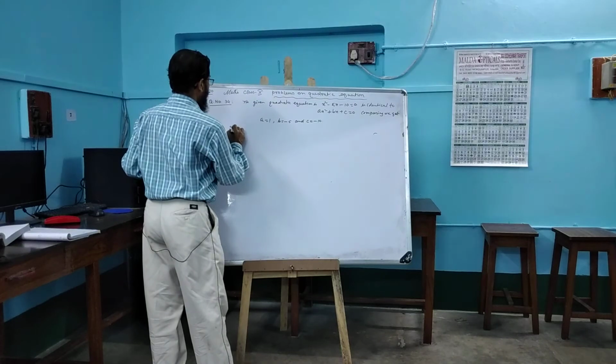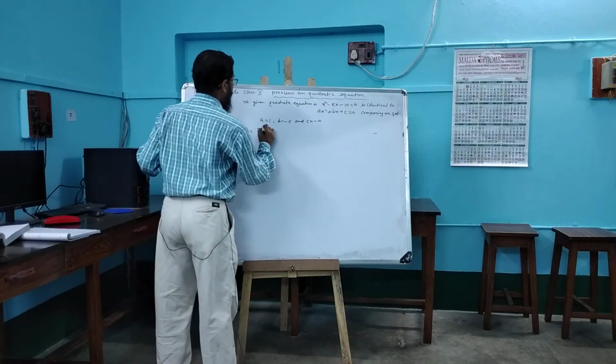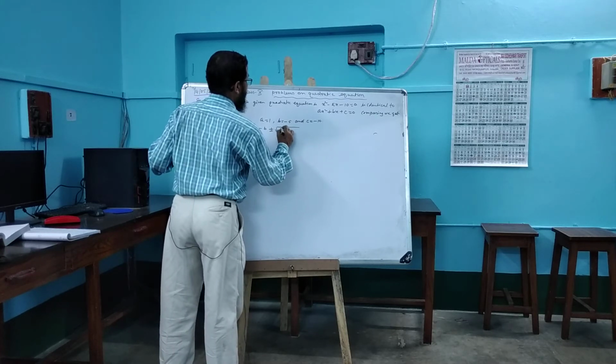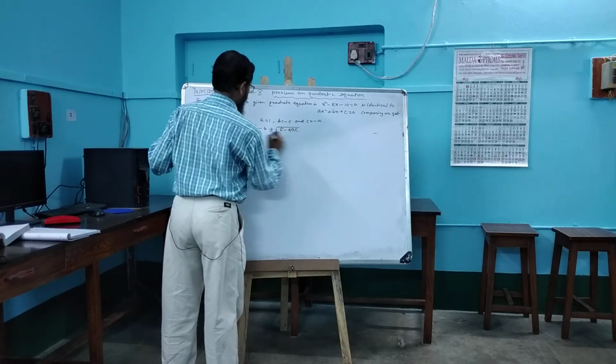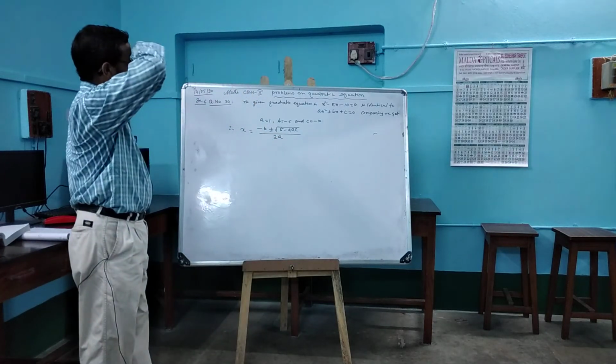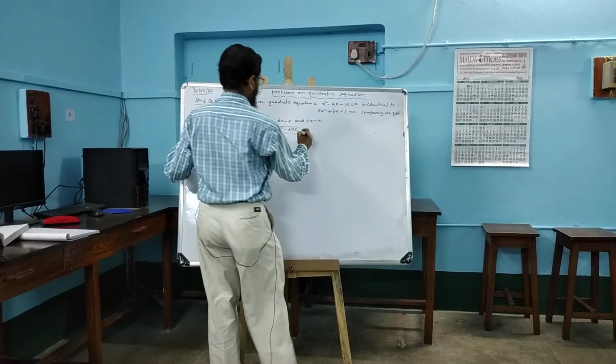Therefore, x equal to minus b plus minus root over b square minus 4ac by twice a. This is the formula.